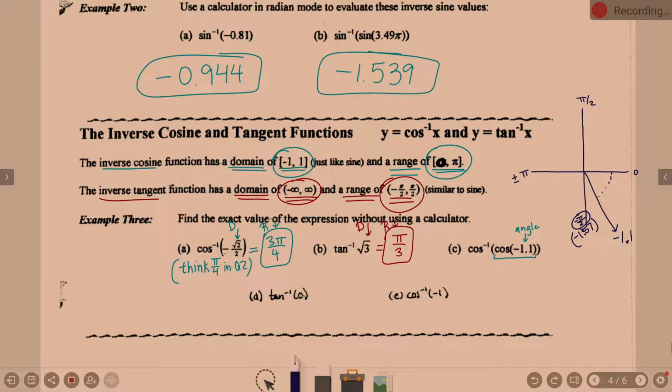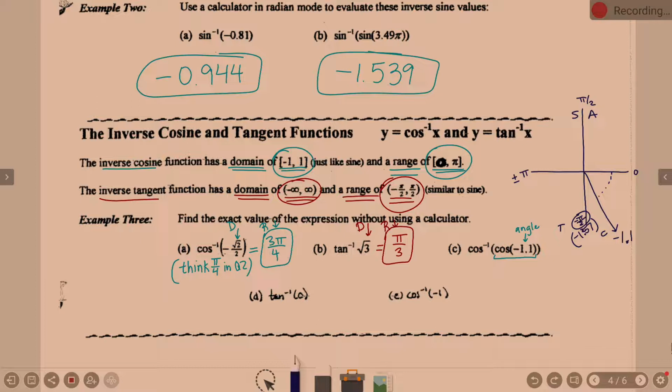Now, what do we know about cosine in this quadrant? All Students Take Calculus. So cosine of this angle is going to be positive, right?